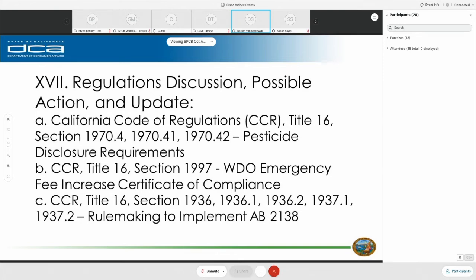Okay, very good. So specifically on 1970.41, is that a whole new section, correct? .41, .42, and .43 are new sections because they were subsections basically divided into letters of .4. After talking with legal, we decided that it would be better to specifically separate those sections out, standalone. Okay.